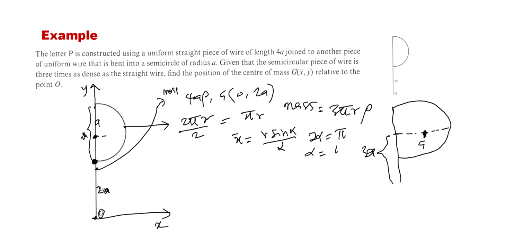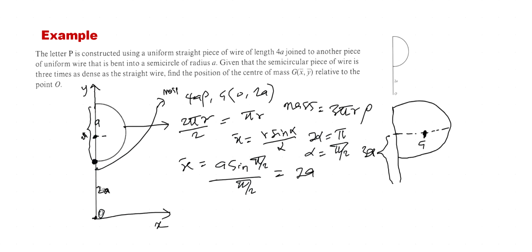Now x bar here is equal to, my radius is a, so a sine pi over 2 over pi over 2. Sine pi over 2 is sine 90, which is 1. So you have a over pi.